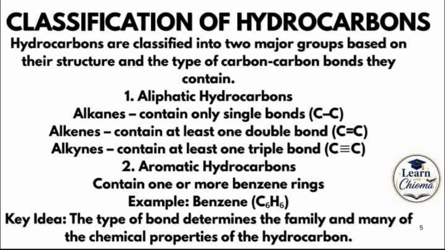These are known as unsaturated hydrocarbons because they do not contain the maximum possible number of hydrogen atoms. The second major class is aromatic hydrocarbons, which contain one or more benzene rings. Benzene is the simplest and most well-known aromatic hydrocarbon. Understanding this classification is important because the type of bond determines how these compounds behave during chemical reactions.